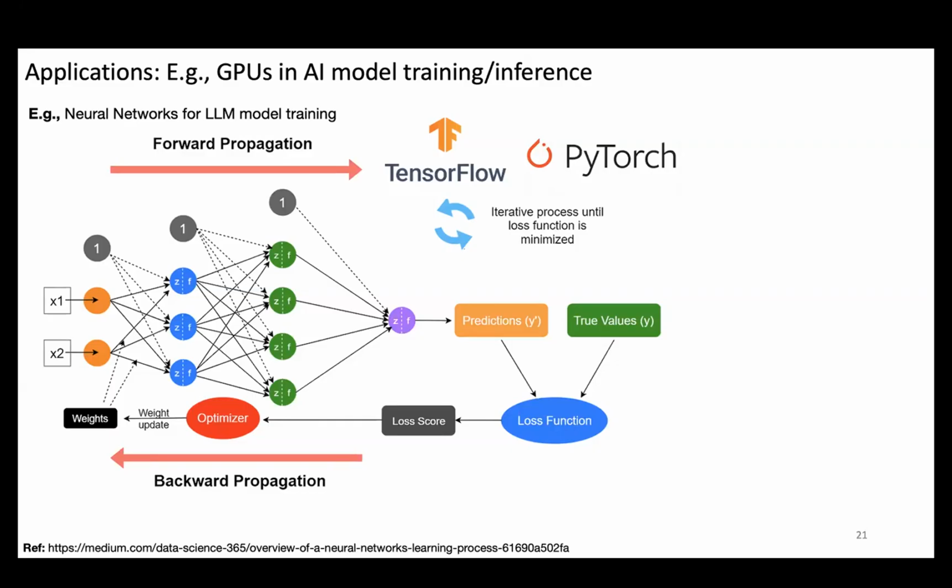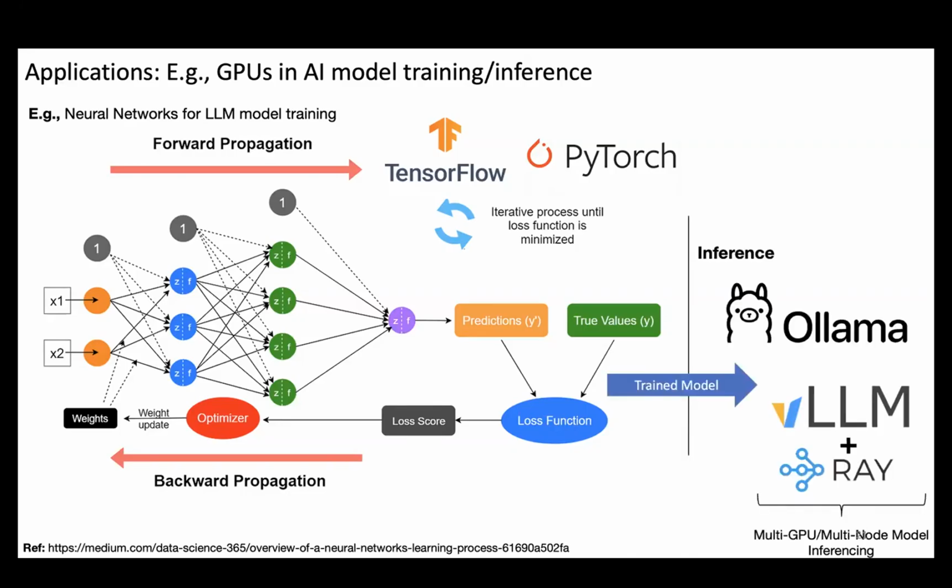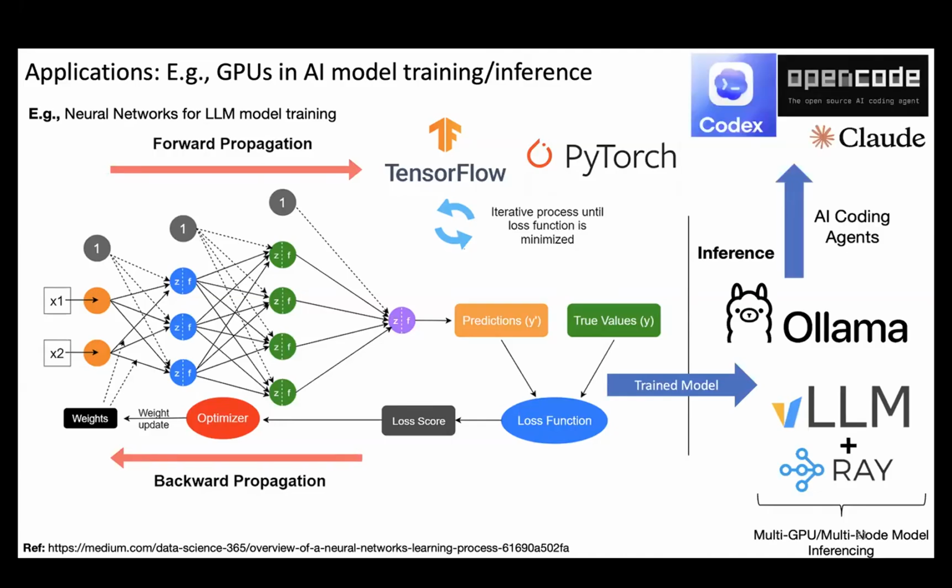It's a very popular application. Once you have the model, like Andrew was mentioning, you can use tools for inferencing, and even taking it a step further, you can use local models on an HPC to do agentic AI tasks, like Claude, open code. That's my favorite, by the way.